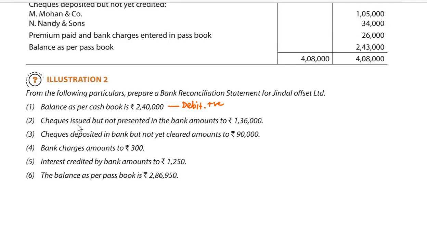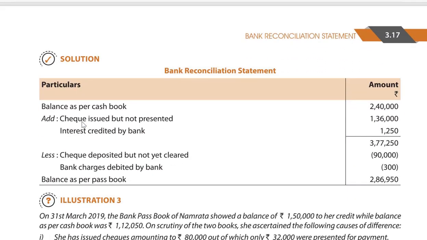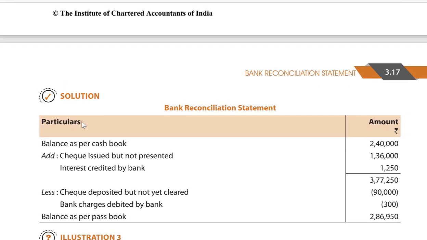Second, checks issued but not presented in the bank amounted to 1,36,000. Checks deposited in the bank but not yet cleared amounted to 90,000. Bank charges 300. Interest credited by the bank 1250. The balance as per bank passbook is 2,86,950. Just see the solution over here.